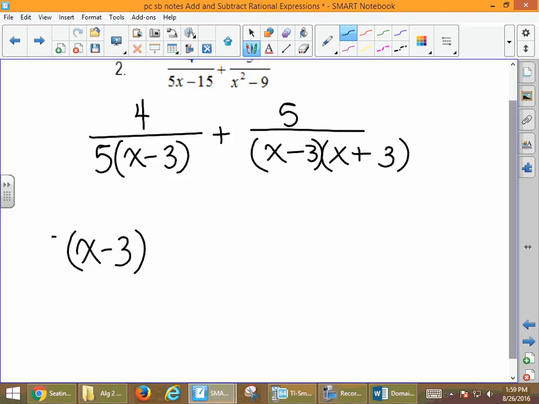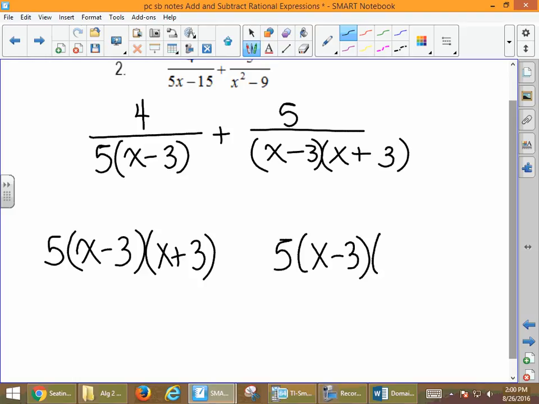Not in the denominator, so we need to have 5 as part of our common denominator. We have an x plus 3 in this denominator, but we don't have an x plus 3 in this denominator, so it needs to become part of the common denominator. And this is the least common denominator.